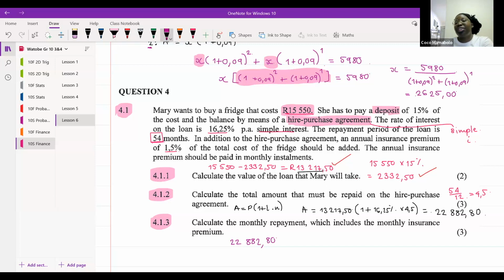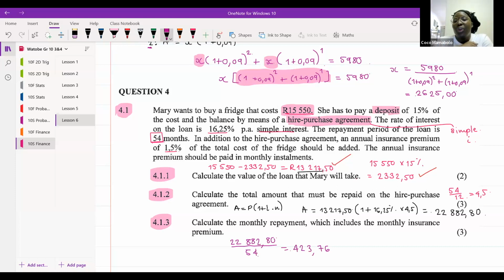If we want to know how much she's going to pay per month, we're going to take this and divide it by the number of months that she needs to pay. So we divide it by 54, and that tells us she still has to pay 423 Rand and 76 cents per month.